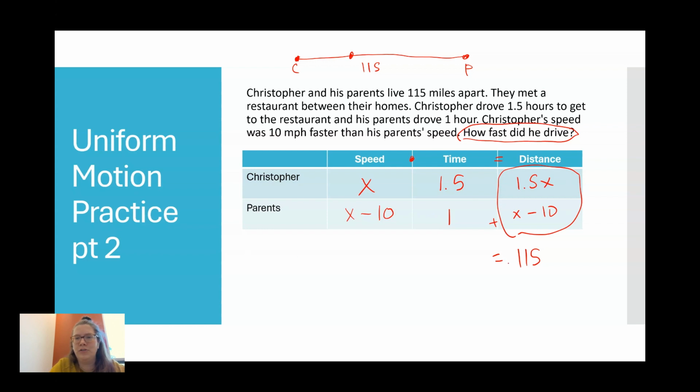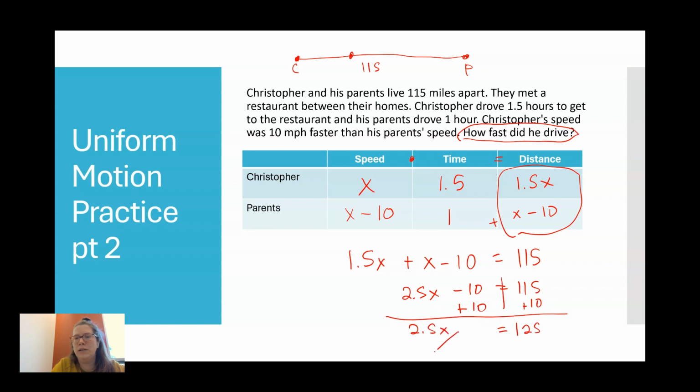Equals 115 I already have. 1.5x plus x minus 10 equals 115. We're going to combine like terms. Isolate that x. And we are going to divide by 2.5 to get x all by itself on one side. How fast was Christopher driving?